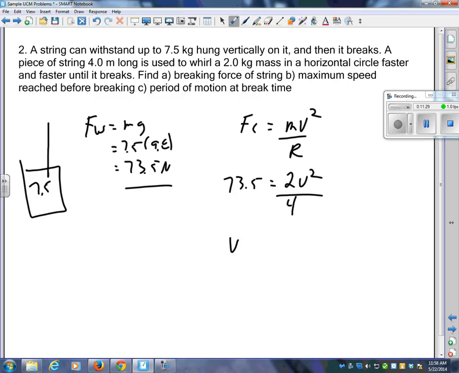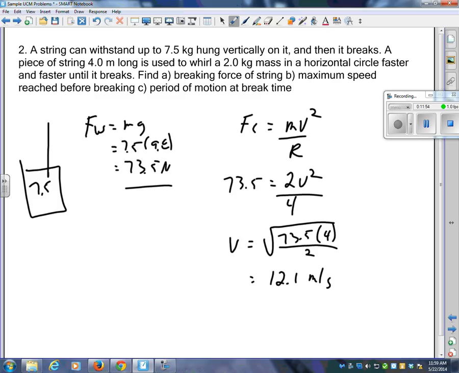So v is going to be the square root of 73.5 times 4 divided by 2, which is 12.1 meters per second. 12.124. So a 4-meter long string, and it's going 12 meters a second. It's cooking, right? It's going fast, and it's a big circle.